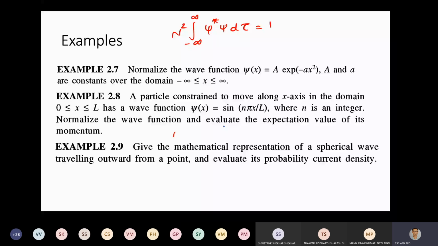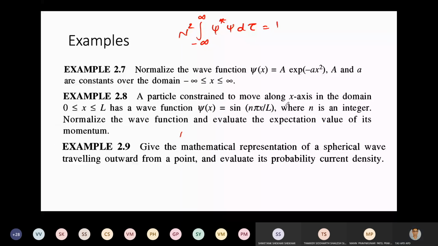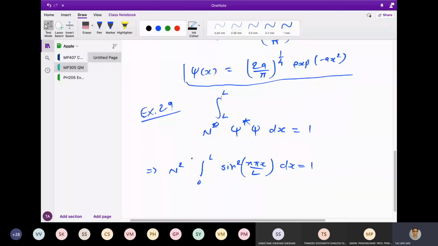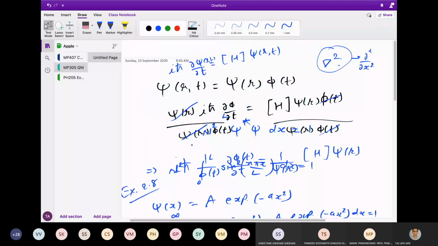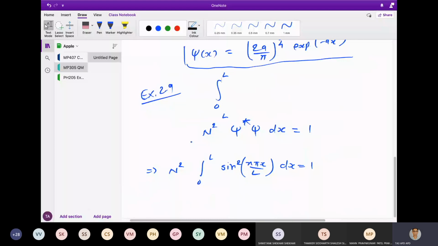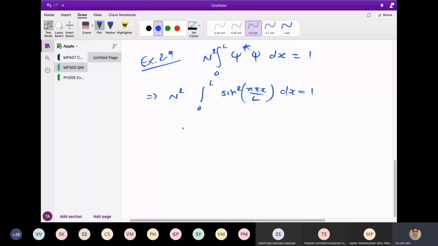So simply sin squared of n pi x by L dx equal to 1. Okay, now let us solve this. You do it by yourself and see what value you are getting for N. You just have to integrate it, so think about how to do that now.